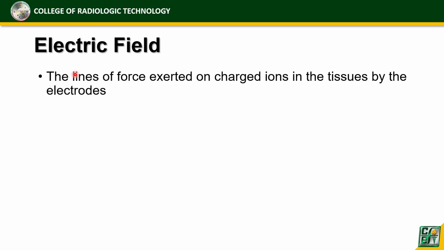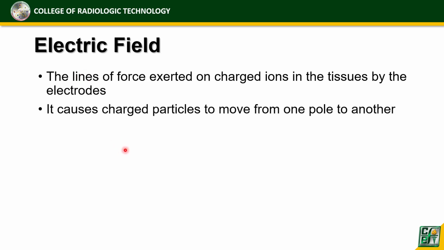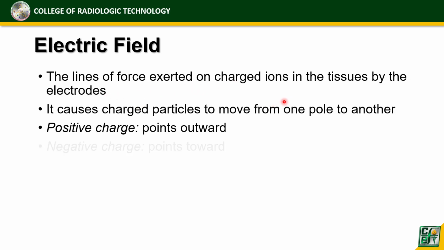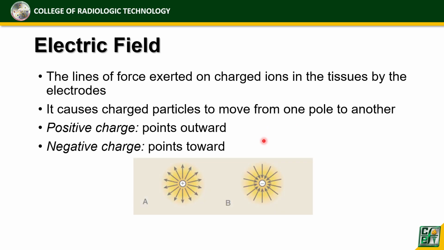So what is an electric field? Na pakita natin kanina yung electric field ay siyang dahilan kung bakit nagkakaroon ng attraction and repulsion. So electric fields, okay, are lines of force exerted on charged ions in the tissues by the electrons. So it causes charged particles to move from one pole to another, di ba?